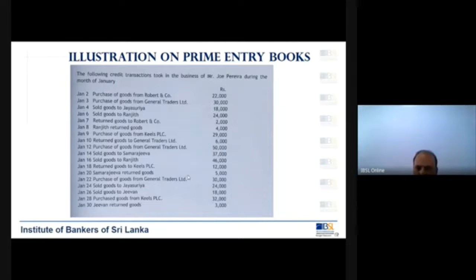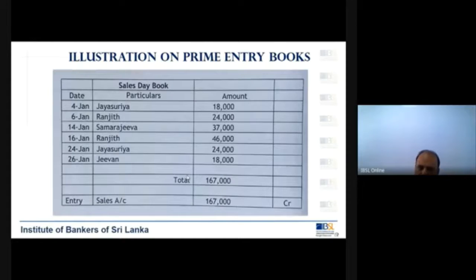Now let's look at how these transactions will be after recording them in the day book. Now this is your sales day book. As I told you, you can consider the minimal information. You don't need to write every column. You have only the date, the particulars and the amount. I don't have any other information.